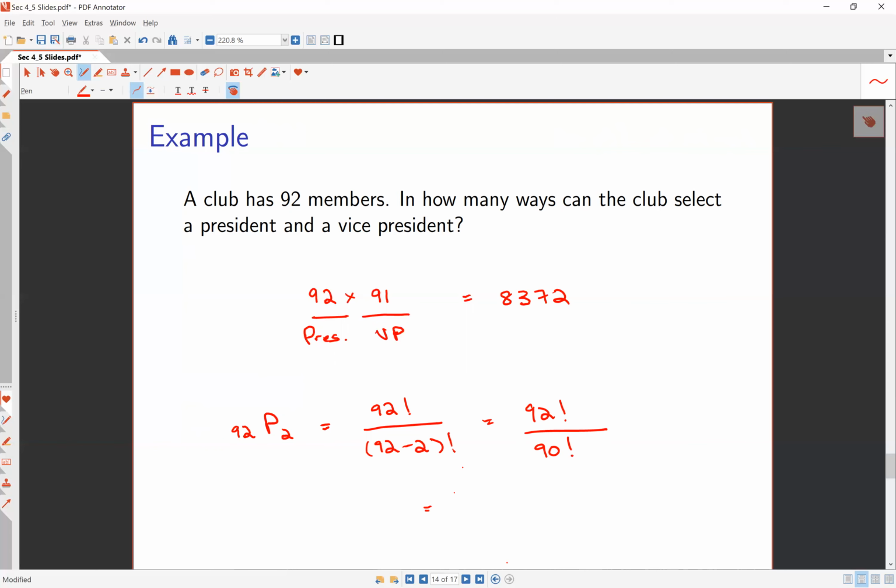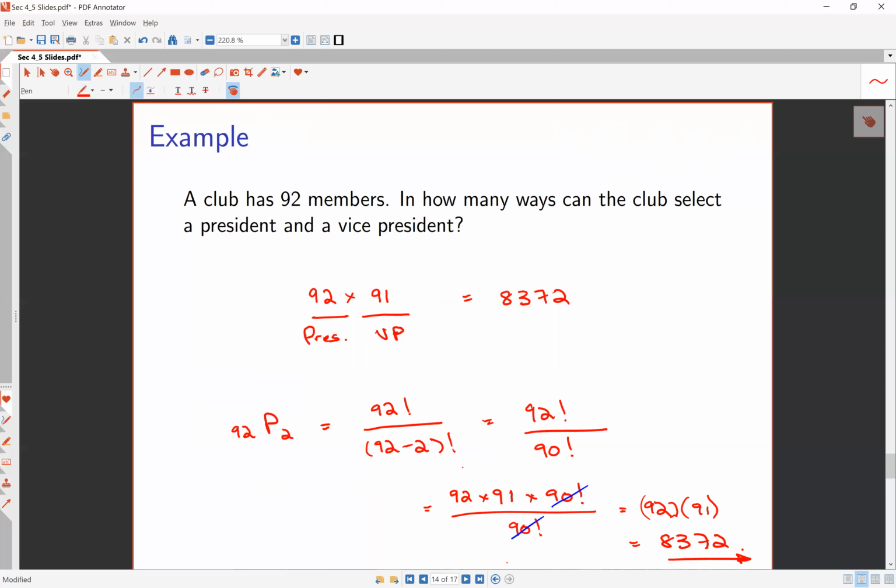But that means I can always take 92 factorial and write it as 92 times 91 times 90 factorial, because 90 factorial is still all the numbers 1 through 90, and I'm dividing by 90 factorial, and very conveniently, I have some cancellation here. So again, I'm left with 92 times 91, and that is equal to 8,372.